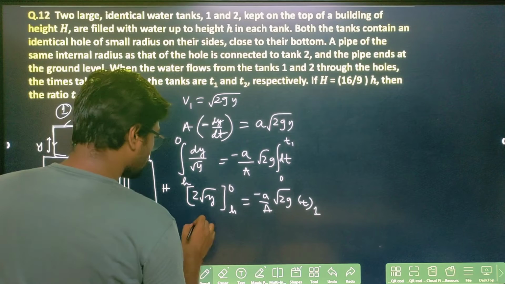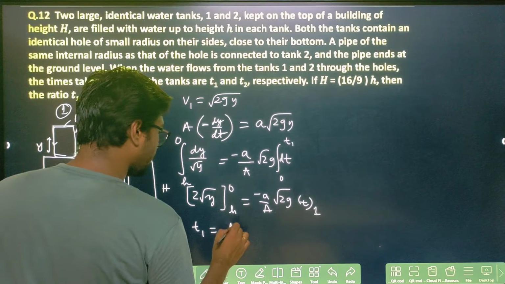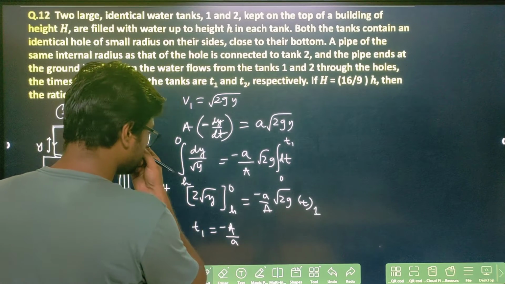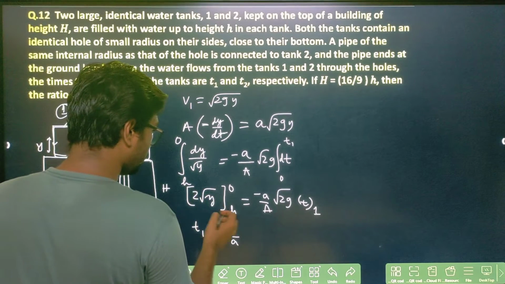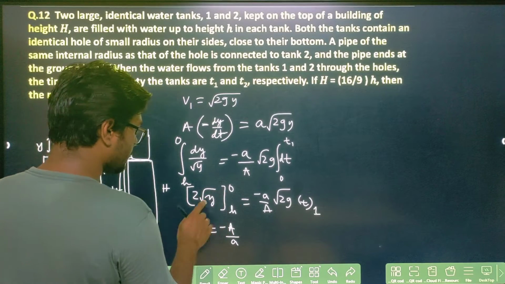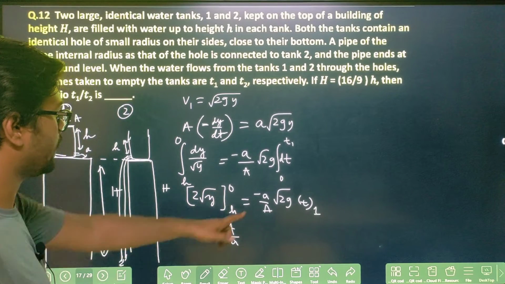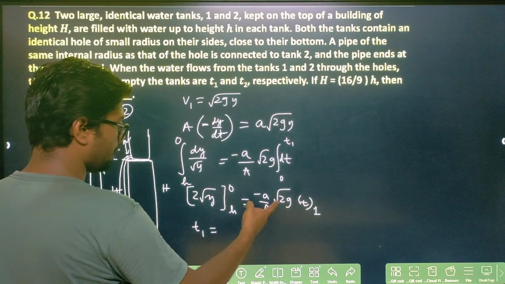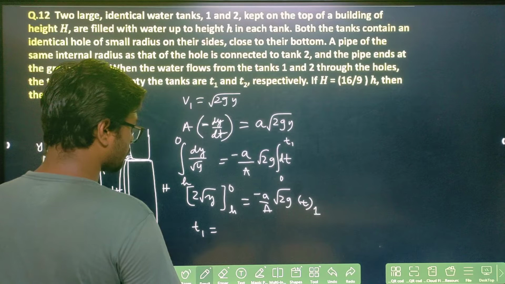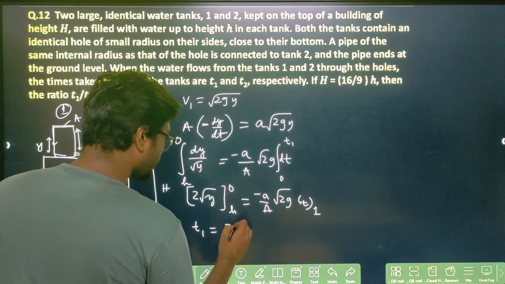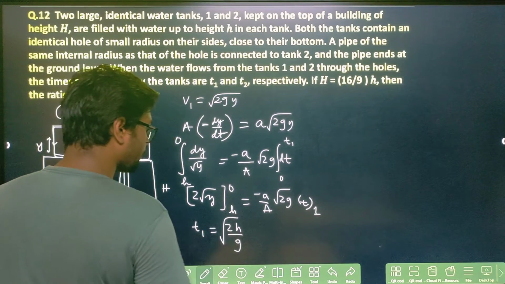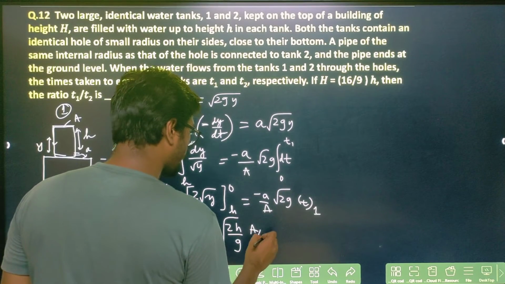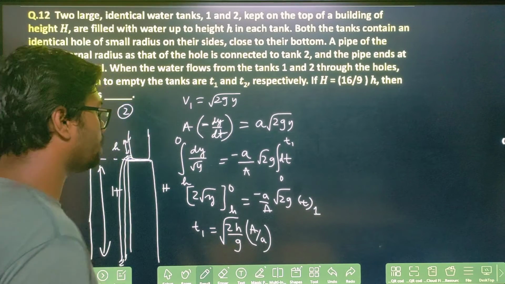So t1 is A by a with a minus sign, and here 0 minus root h. The minus minus cancel out, and root 2g goes to this side, so it will come as root of 2h by g, and here it will be A by a.